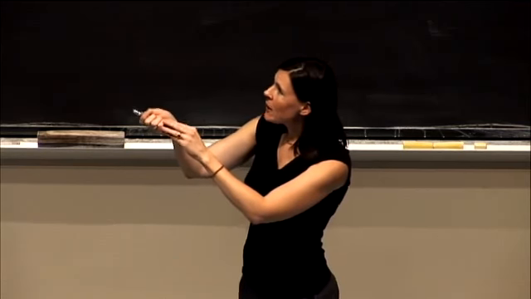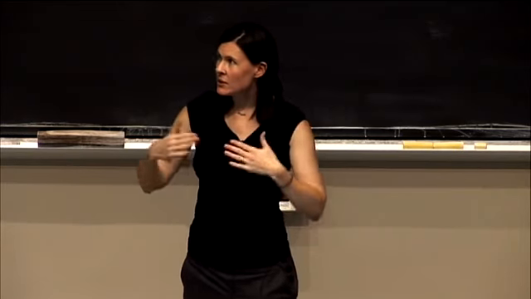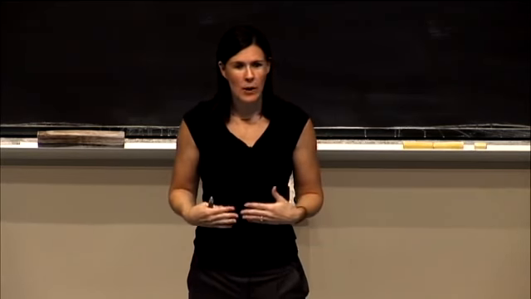So in the case of 1232, that is our highest kinetic energy. That means it's our lowest ionization energy. It's the smallest amount of energy it takes to pop an electron out of that orbital. So that's why we see the 2p here. The 2s is 1206. And it makes sense that what we see as the greatest ionization energy, which is also the smallest kinetic energy, is that 1s orbital.